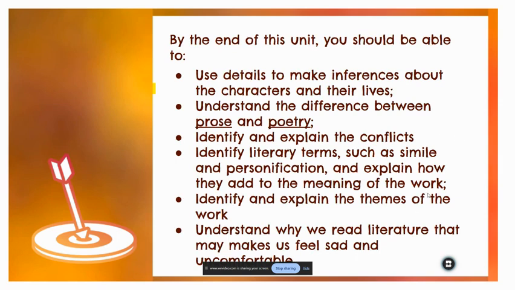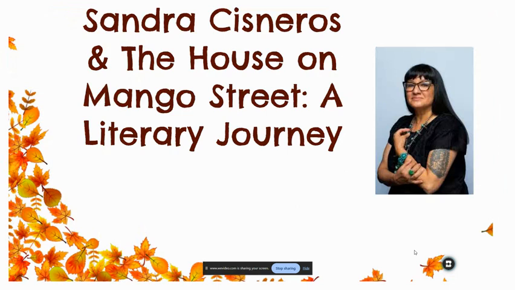By the end of this unit, I want you to be able to use details to make inferences about characters and their lives, understand the difference between prose and poetry, identify and explain the conflicts that people have, identify literary terms, simile, personification, and metaphor, and explain how they add to the meaning of the work, identify and explain the themes of the work, and at least understand why we read literature that might make us feel sad or uncomfortable. I walked through these. You didn't really have to take any notes on them. It was just for your general background to help understand what we're reading.